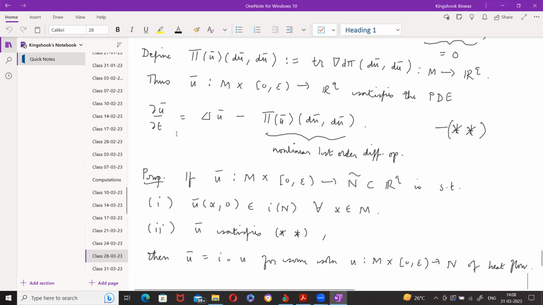The idea is to linearize this equation, and then the linear equation will have solutions by classical theorems. And then you use an inverse function theorem for Banach spaces in order to get a solution for this nonlinear equation. So that's what we're going to do today.